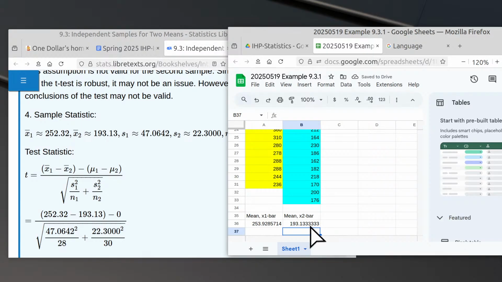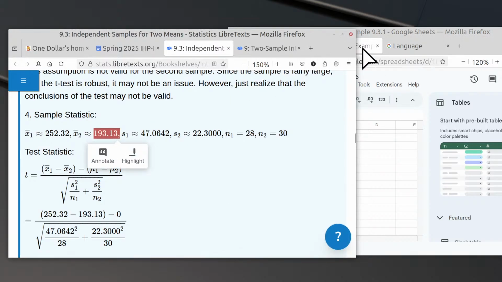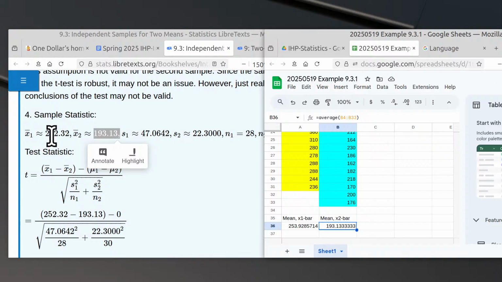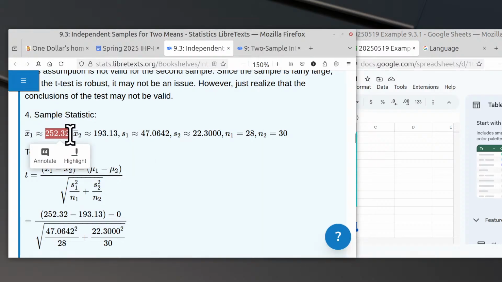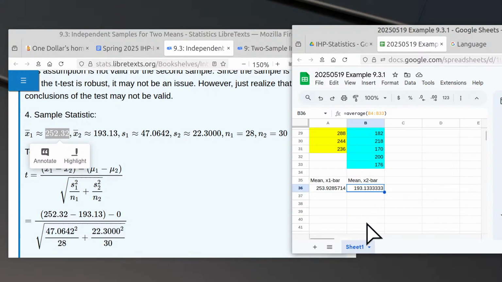Yeah, and the answer here is the same as this one. We have a different x bar 1, but it doesn't matter. Here is x2 bar, 193.13.